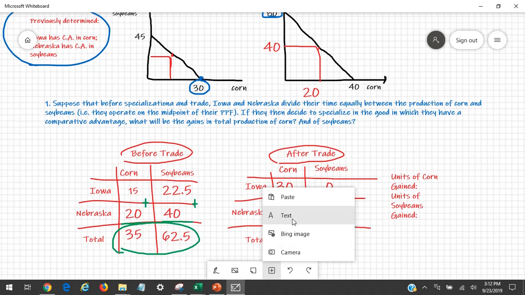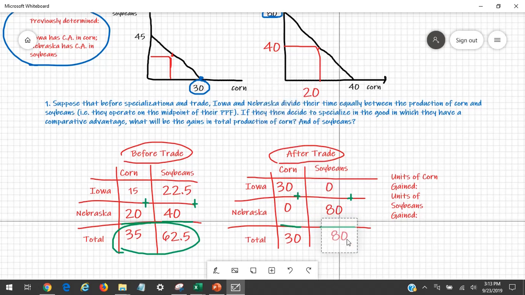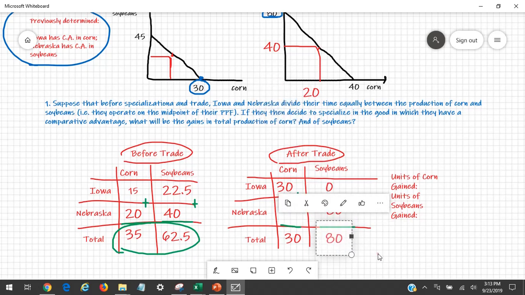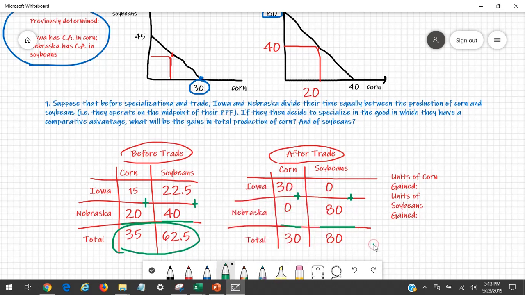And 80 bushels of soybeans. Okay. So here are my production amounts after trade.